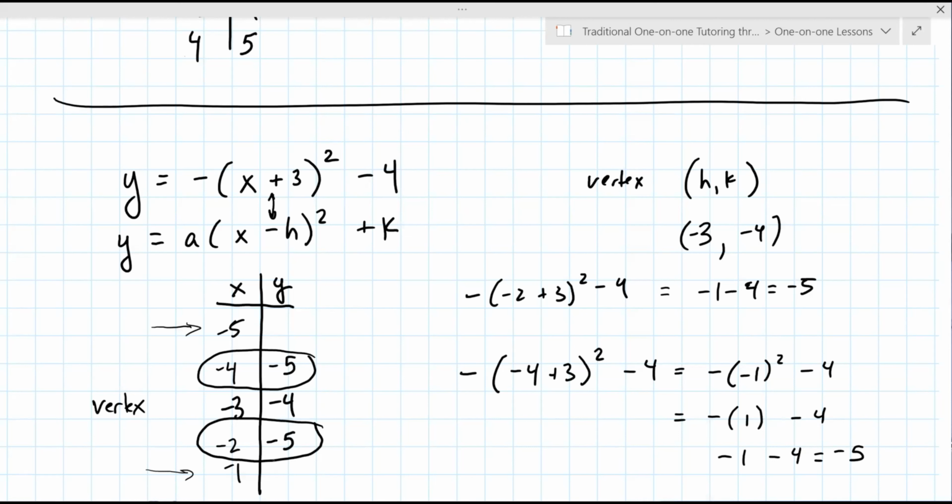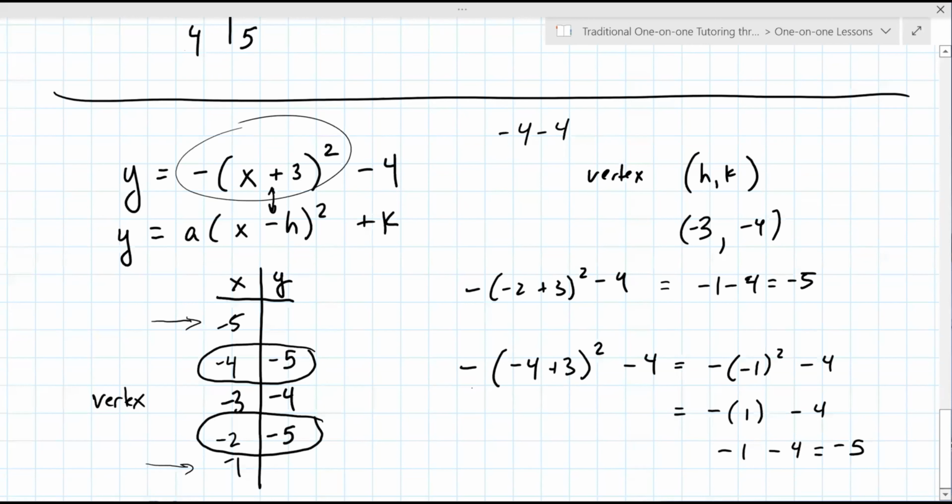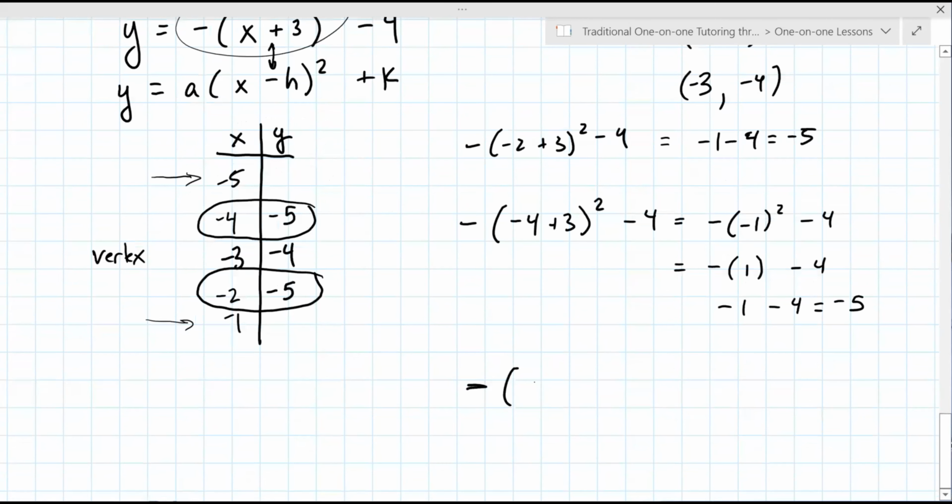Do you have a final answer for me? I did -5 plus 3 in the parentheses squared minus 4. And then I got -2. But you have -4 minus 4.